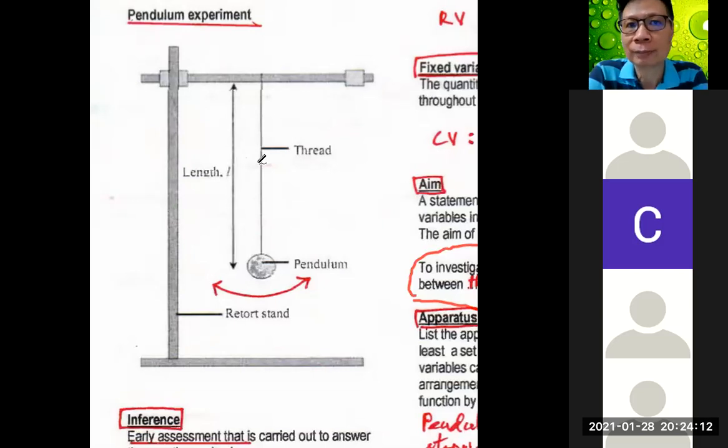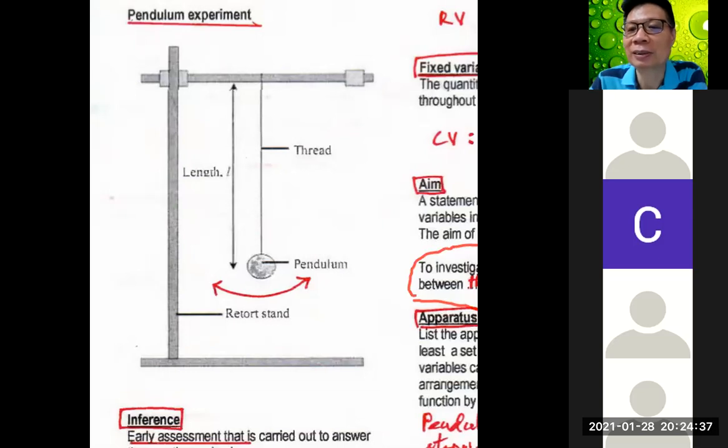Why need to do like that? Why for every length of this thread, 40 cm for example, why we need to do 2 times? Anyone can tell me why then? To get a more accurate result.